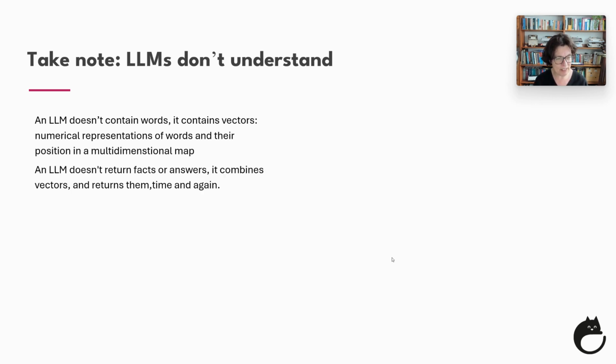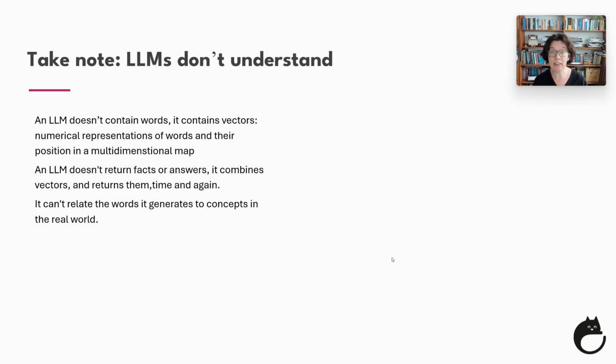As a result, what an LLM returns when you say "the apple doesn't fall far from the" is not a fact or an answer. No, it combines vectors, does a whole lot of probabilistic inference, and then returns the next best word based on that probability time and again. So it's literally taking one word, traveling through that multidimensional space and finding the word that fits best according to its context and its training data.